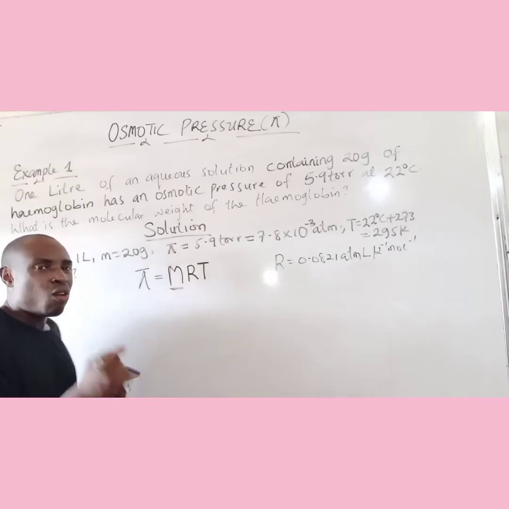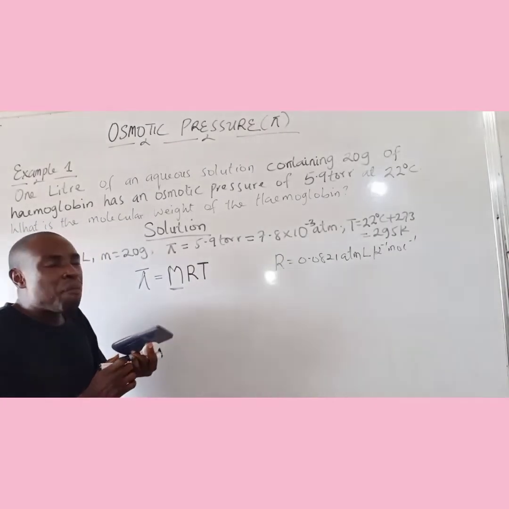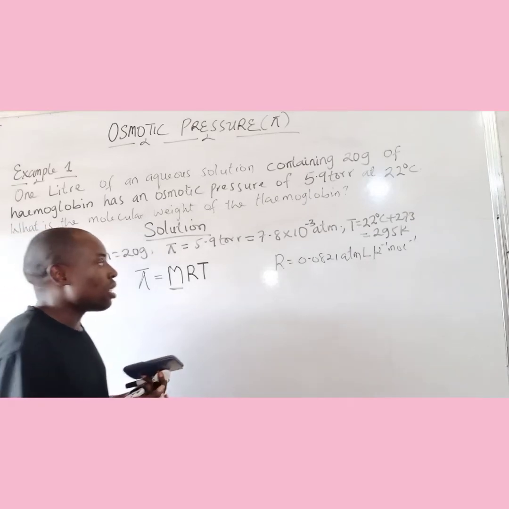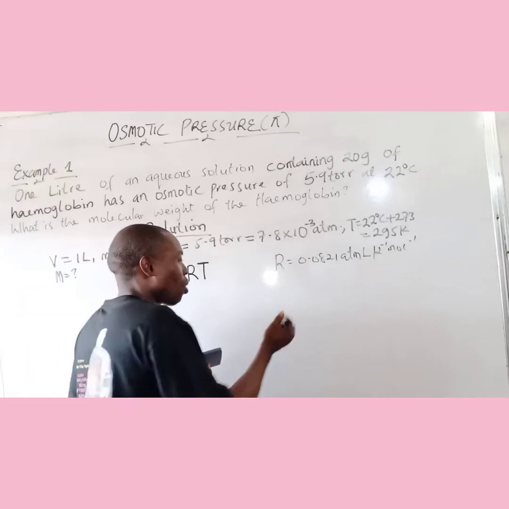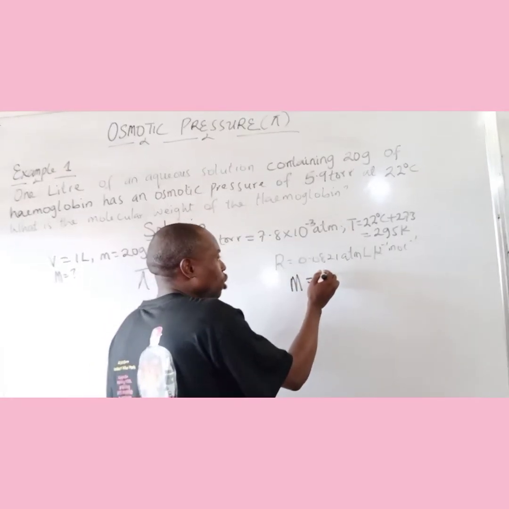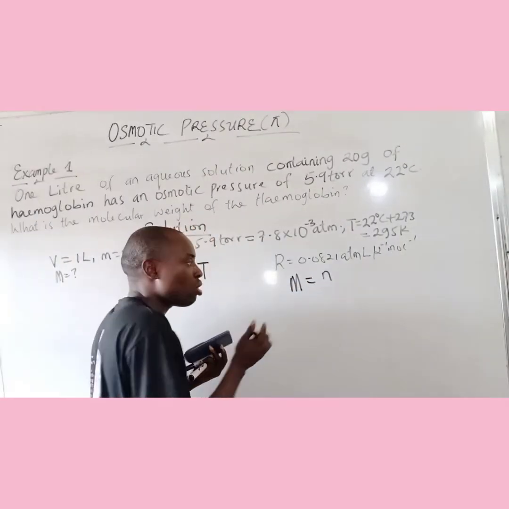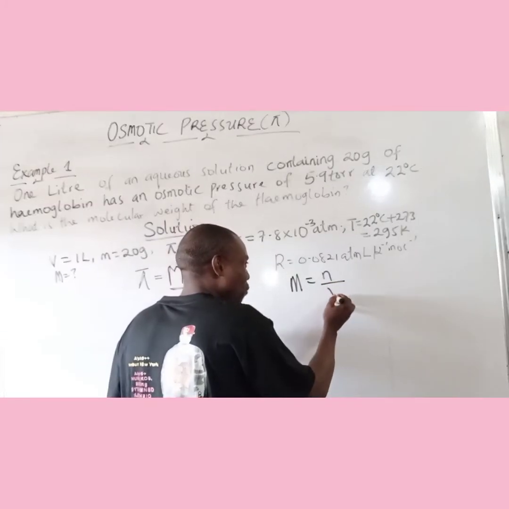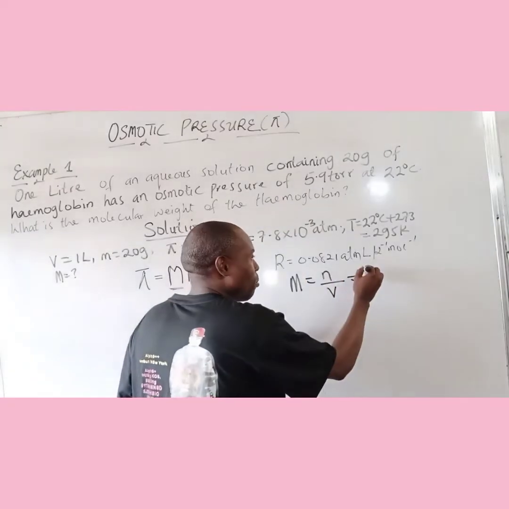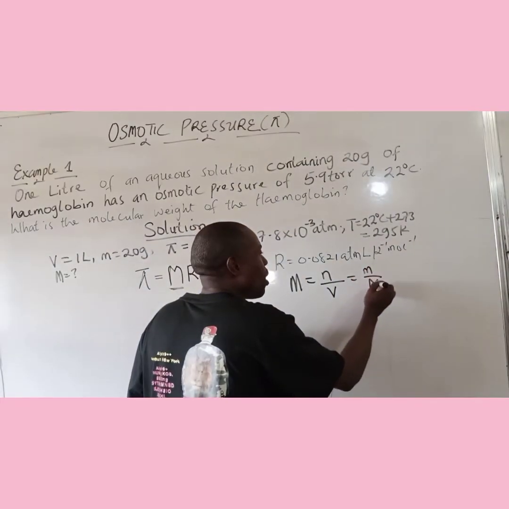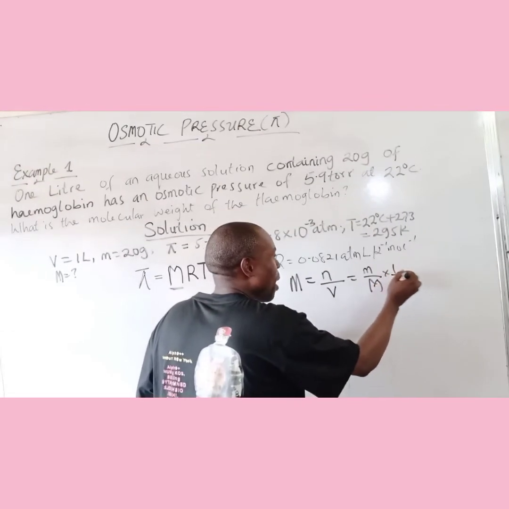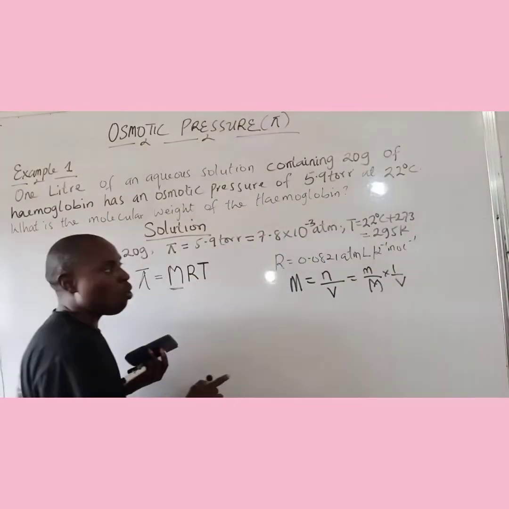And for the molar concentration, we will apply the formula for molar concentration. Of course, you know that molar concentration, which is M, is equal to the number of moles of solute over the volume, which may be broken down again to be mass over molar mass multiplied by 1 over volume.